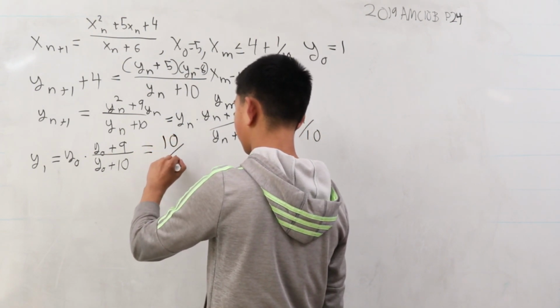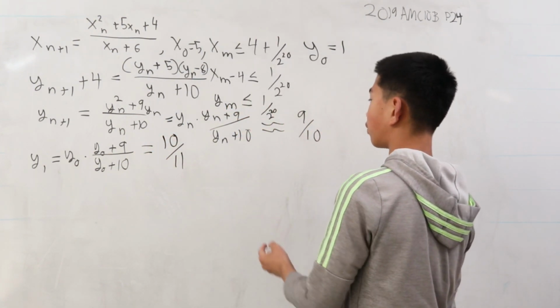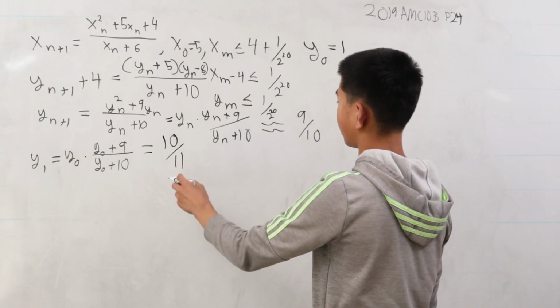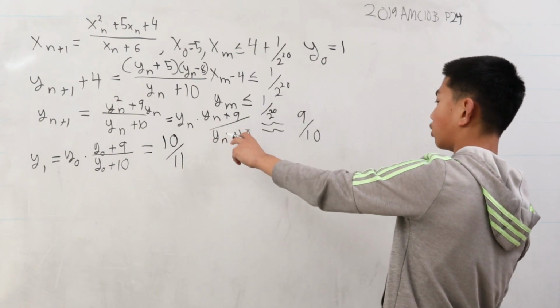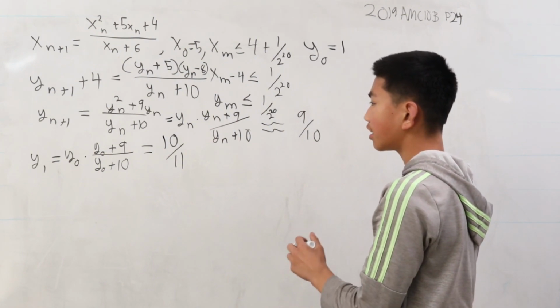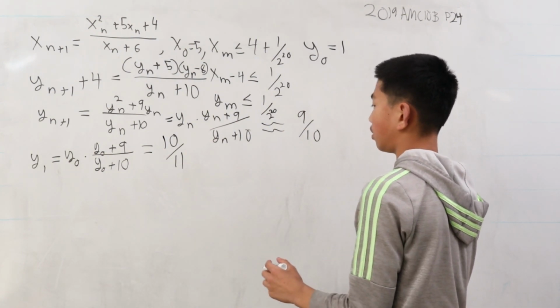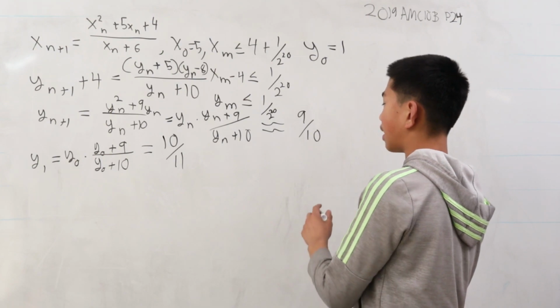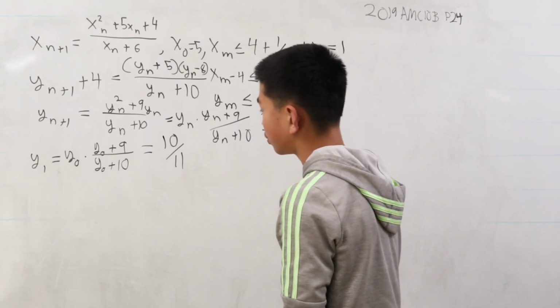So this is 10 over 11. We have these two fractions as bounds. Since this will always be a bit greater than 9/10, whatever it is, it's going to be bounded by these two fractions.